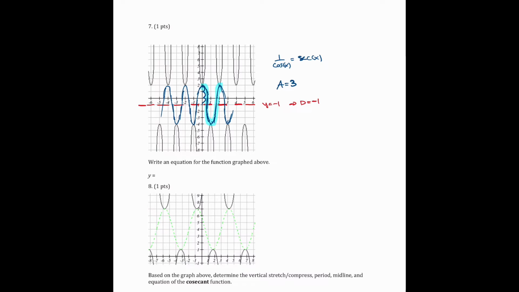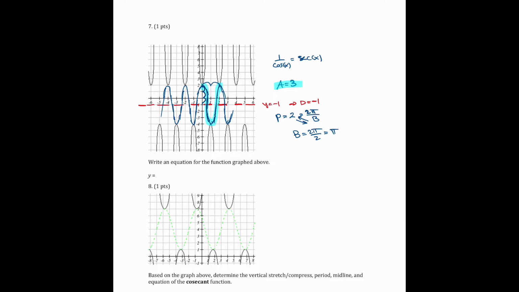In this case, the period length is 2, and I know this is equal to 2 pi over B. To solve for B, I'm going to exchange these, so B equals 2 pi over 2, which is equal to pi.